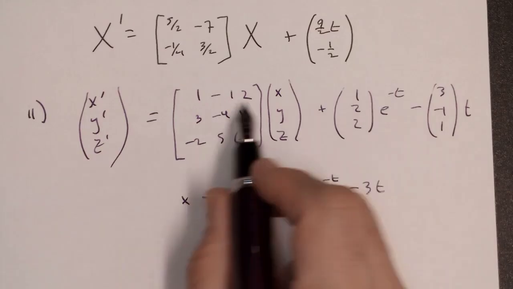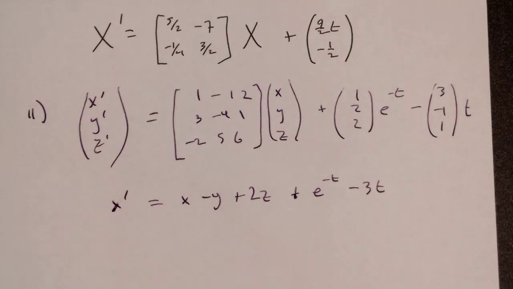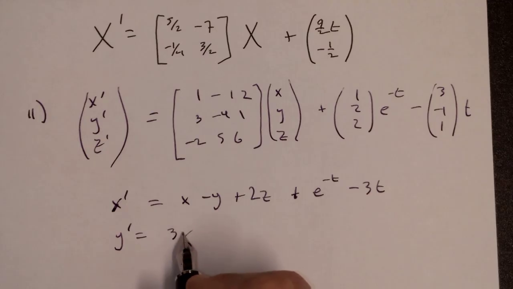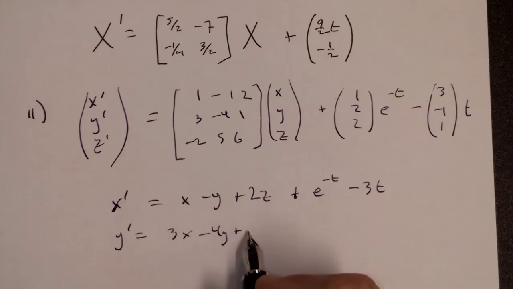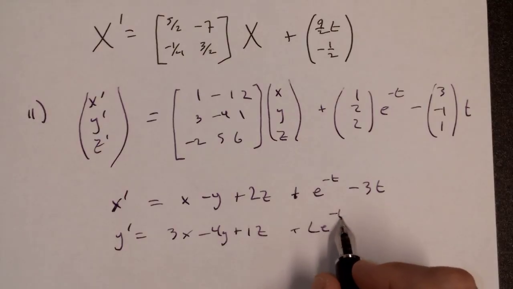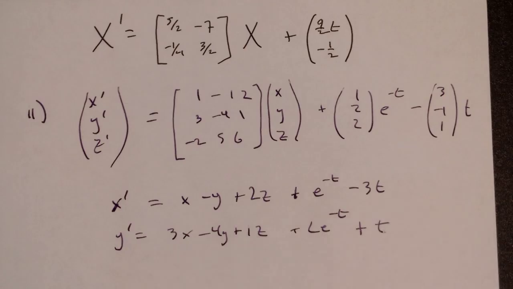And that's the first row, so that goes with the first thing. Second row, second thing. y prime is 3x minus 4y plus 1z plus 2 e to the negative t. Minus a negative 1 becomes plus 1t. Give me z prime.